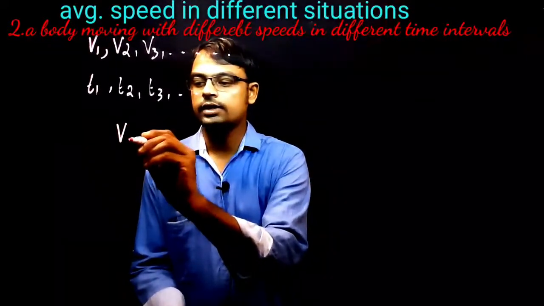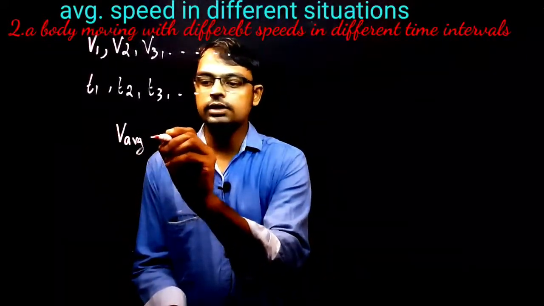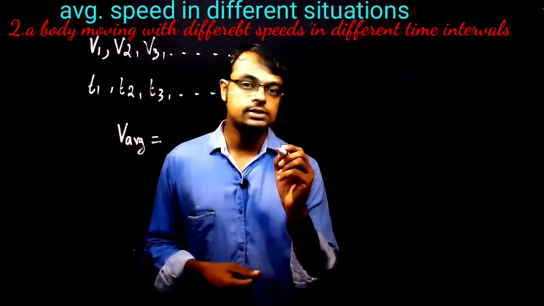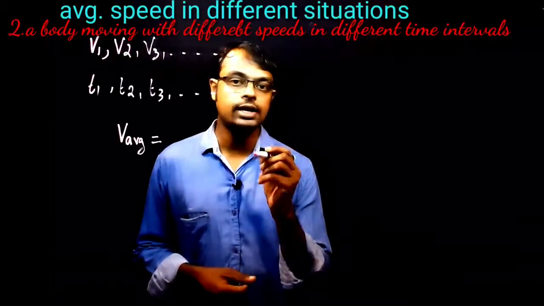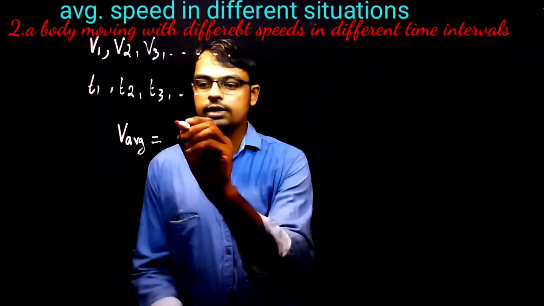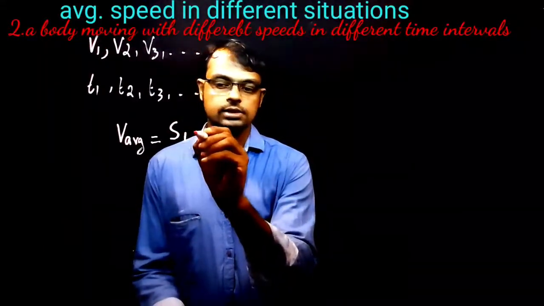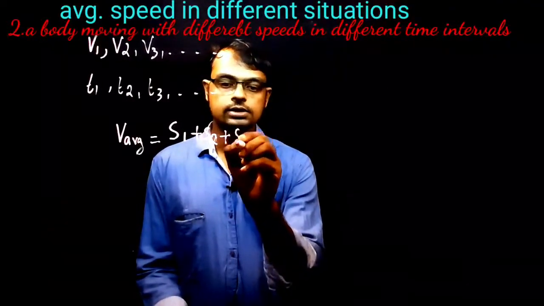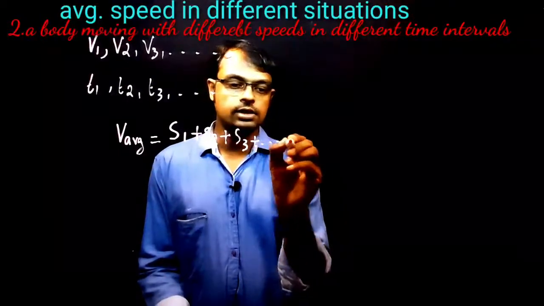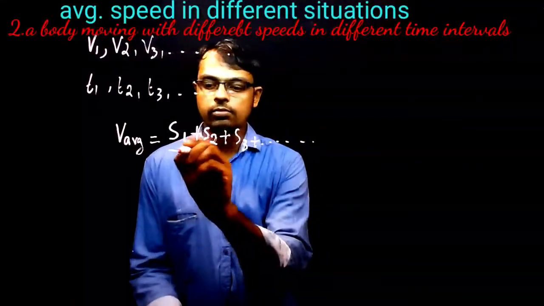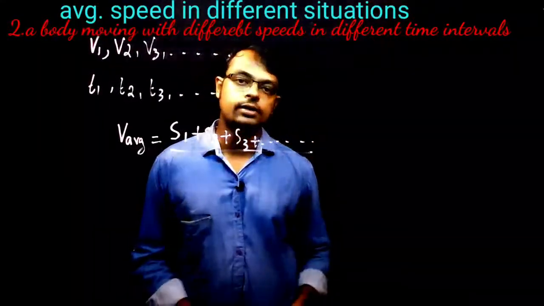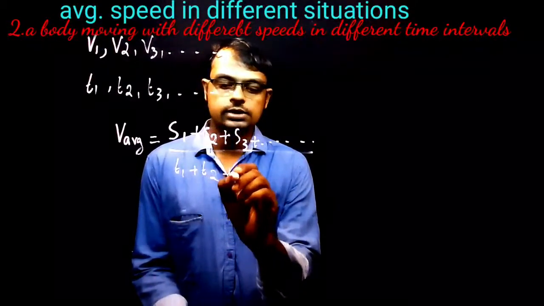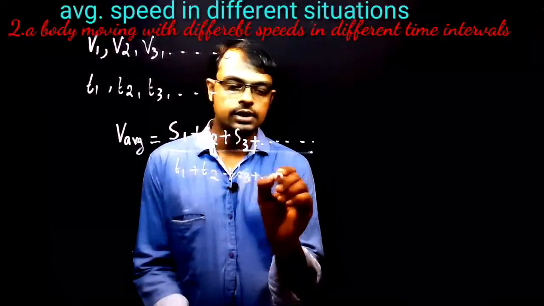Once again, average speed is equal to total distance traveled divided by total time taken. So we can write the total distance as S1 plus S2 plus S3 plus etc., all divided by total time taken, that is T1 plus T2 plus T3 plus etc.